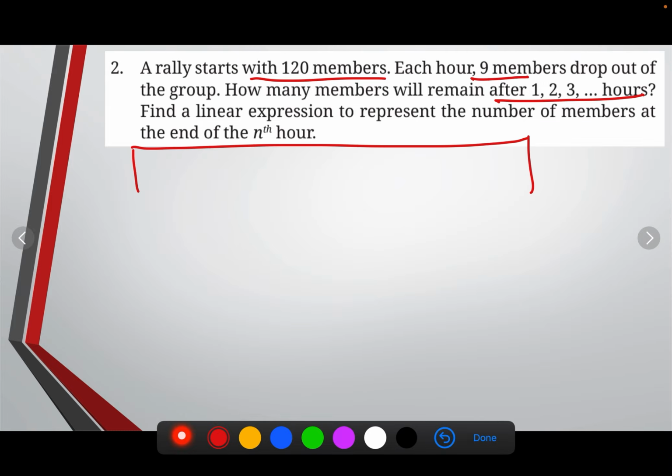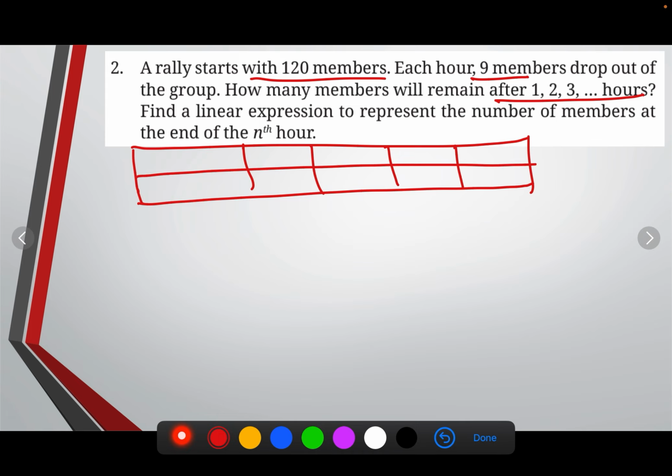Again, I'll make a table to show the linear pattern. This is the number of hours, and this is the number of members. What was the initial one? It was 120. After each hour, 9 is dropped out. So 120 minus 9, 111.